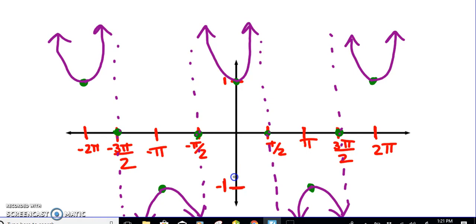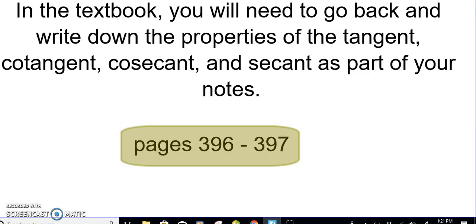After this, go ahead and write down at least 8 or 9 lines underneath it, and you're going to fill in the next part. I want you to go in the textbook to pages 396 and 397.